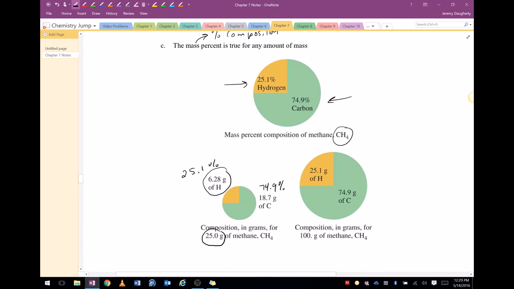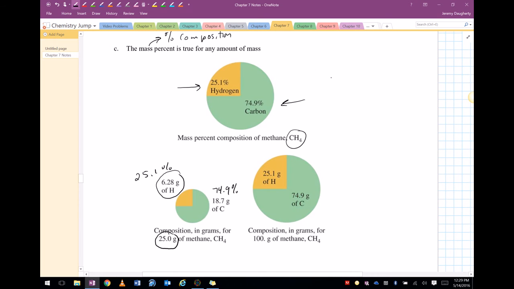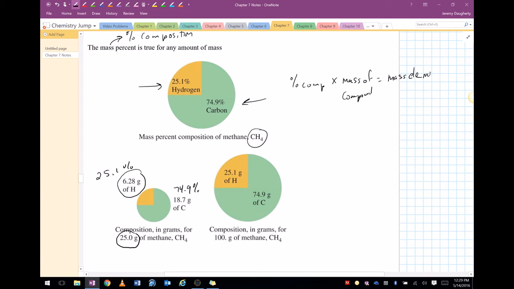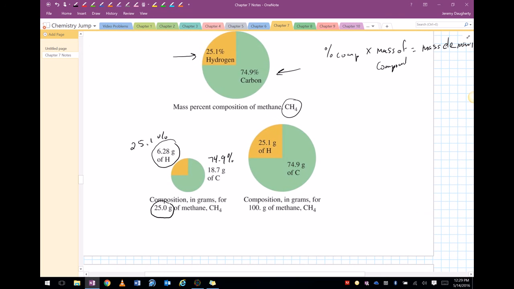What you can do with this, and a lot of students forget this, is take the percent composition, multiply it by the mass of the compound, and from that get the mass of that element. So let's say I have 7.93 grams of CH4, and I want to know how much carbon this will give off.